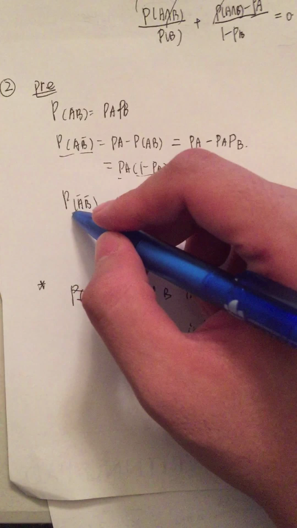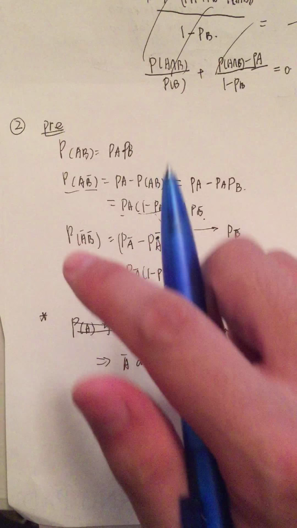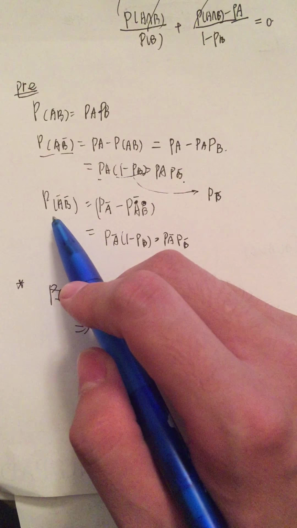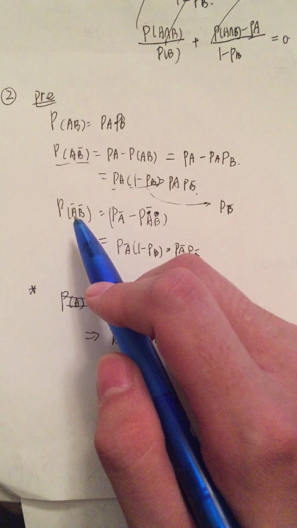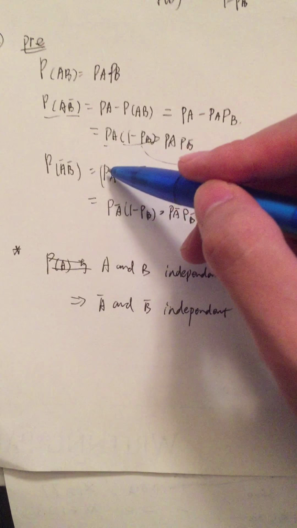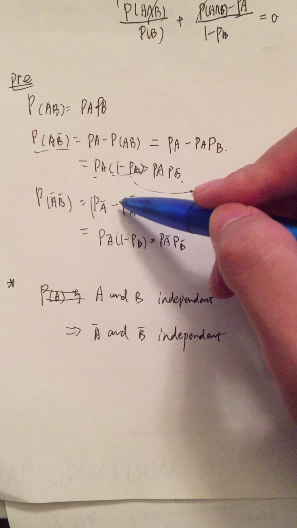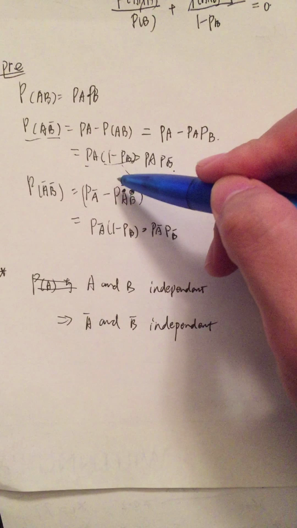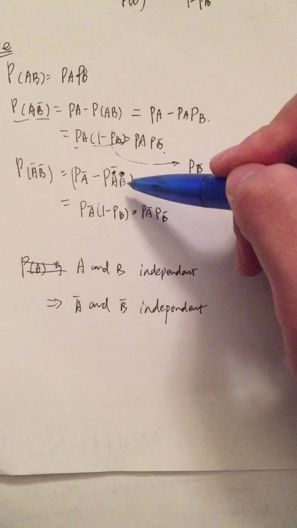Okay, so the third one is derived from the second one. For the third one, P(not A not B) is equal to P(not A) minus P(not A but B).